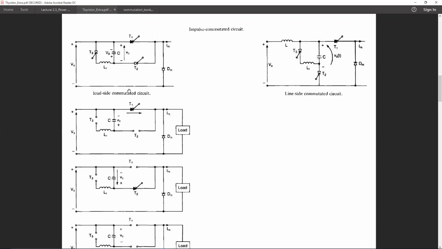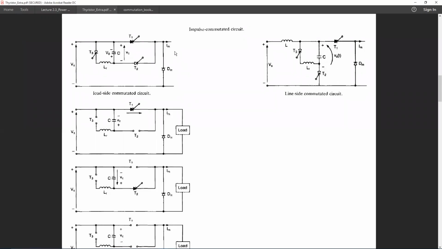So this is a simple diagram of impulse commutation, and again there are some classifications of impulse commutation, namely load side commutation and line side commutation. We will discuss that after a while. If we look at this diagram, the main thyristor is thyristor T1, and these circuits are all extras.